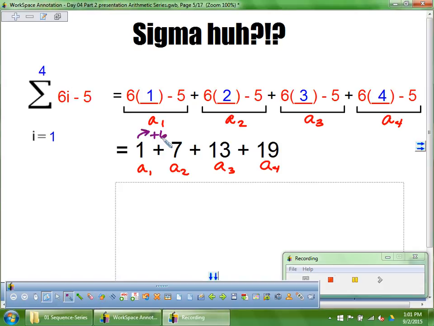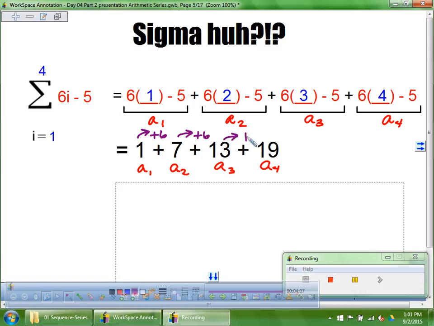So that's adding 6 each time. Did anybody see a correlation? It's like slope, right? You're jumping 6 every time.